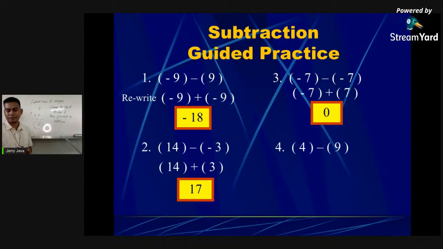Number 4. 4 minus 9. Positive 4 minus positive 9. 30 seconds.